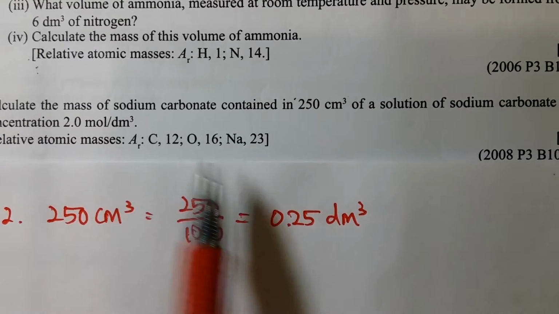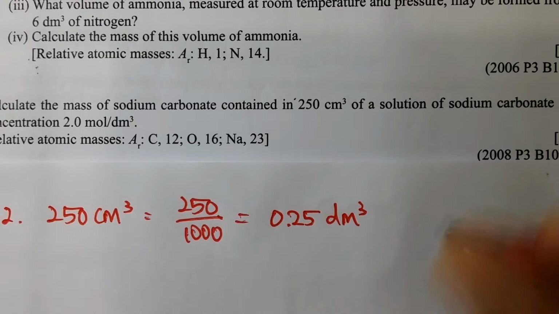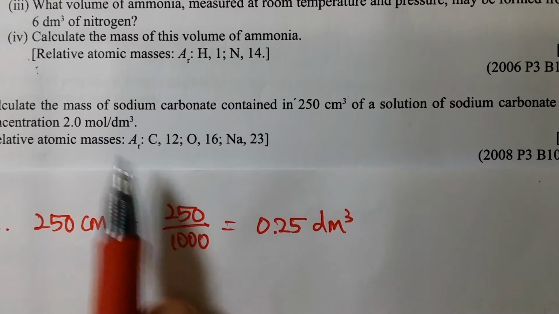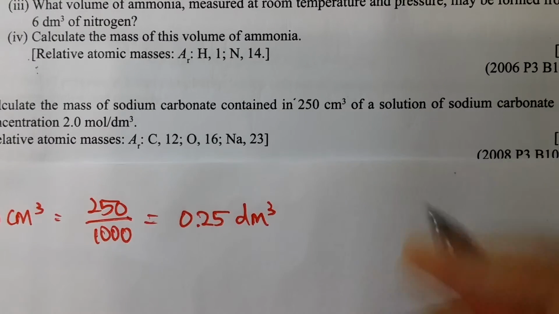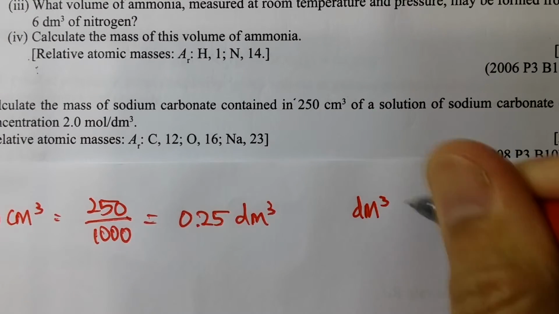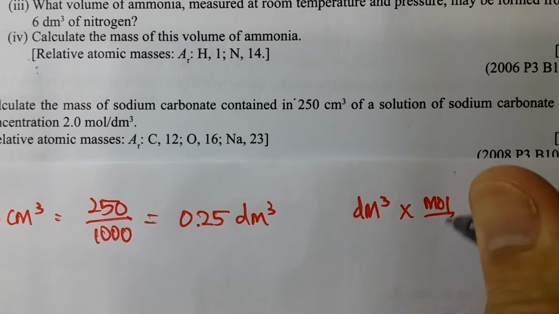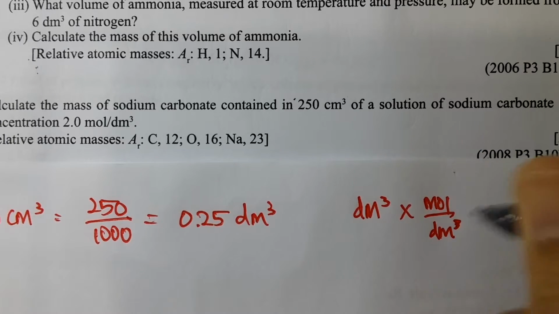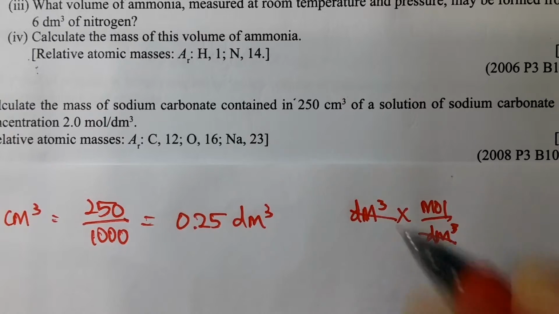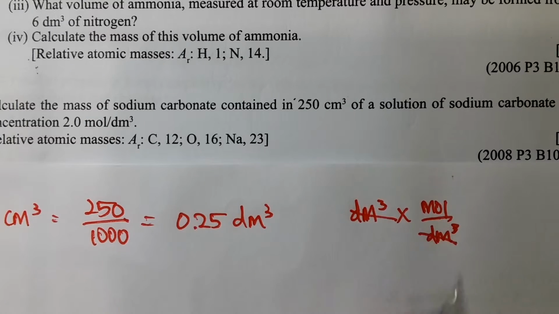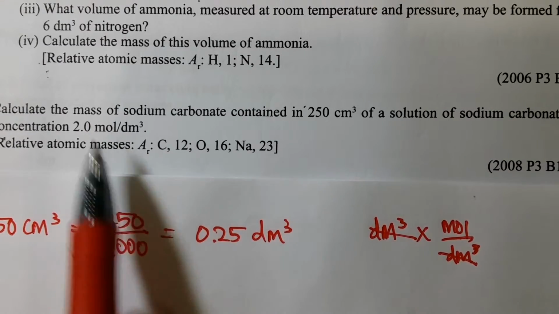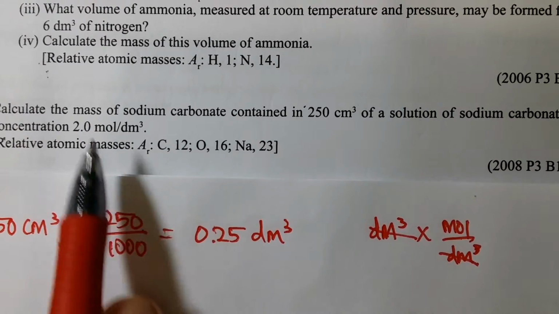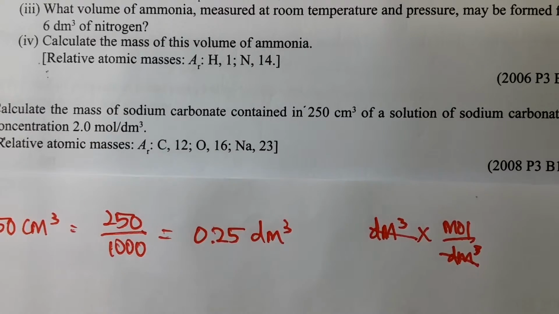You can look at it, 0.25 dm cube and 2 mole per dm cube. If you multiply these two numbers, what do you get? Look at the unit. If you multiply dm cube and mole per dm cube, the dm cube will cancel off to give you mole, which means that the value that you get is the number of mole of sodium carbonate.